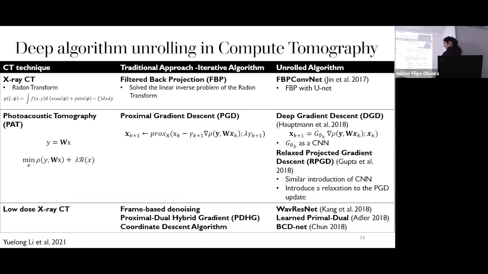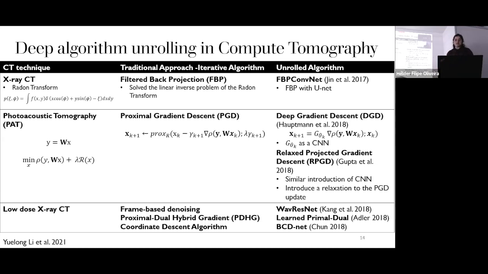And this is the case of computed tomography. We have different computed tomography techniques, and we have the model, which is modeling the imaging process. Then in another column we have the traditional approach, the iterative algorithm to find the signal of interest, the image of interest.